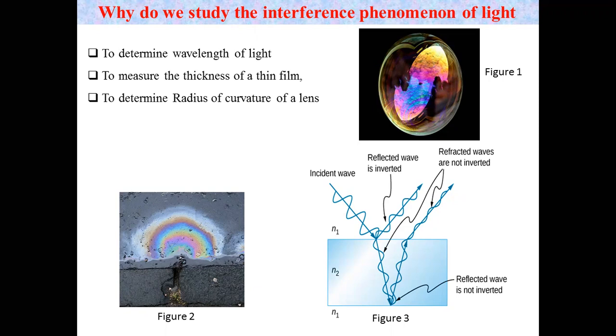For example, 1 liter of oil in a pot does not show any color, but if you put a drop of oil on water, it shows an array of colors.